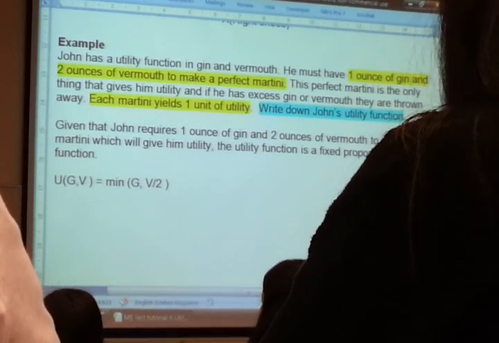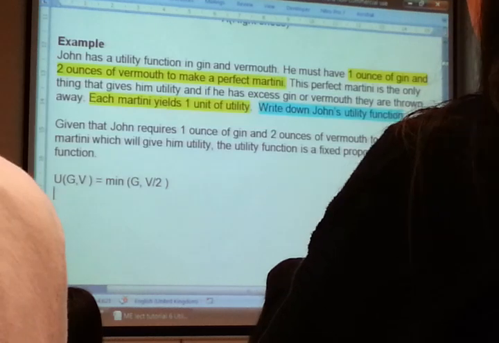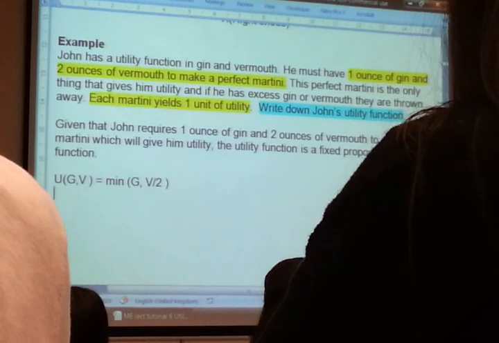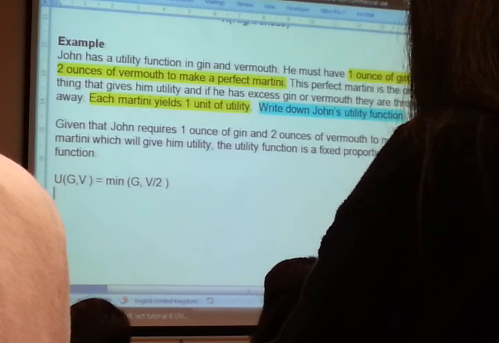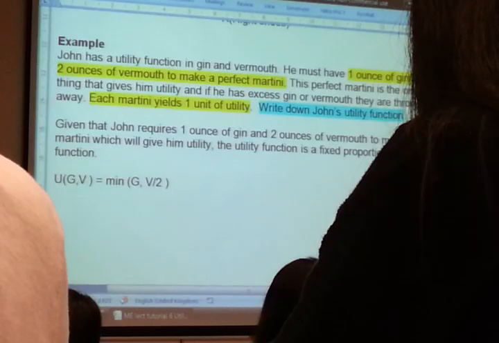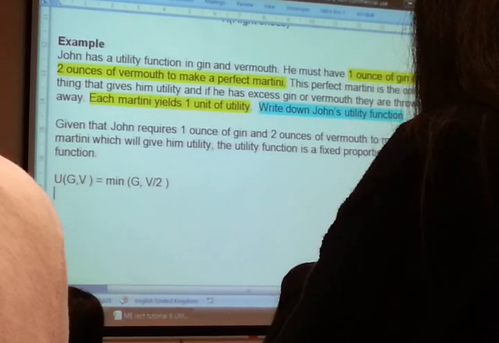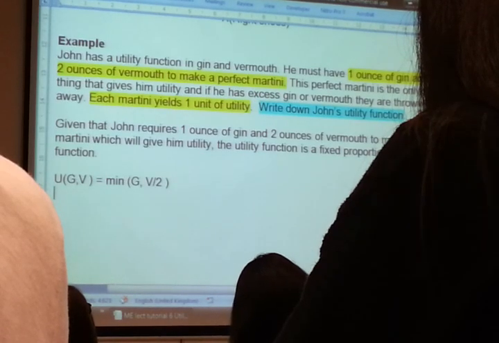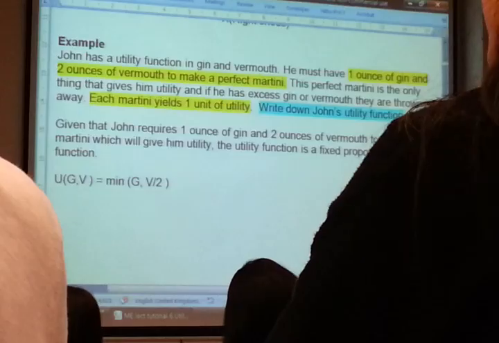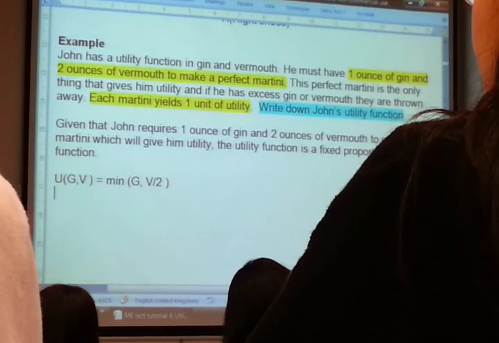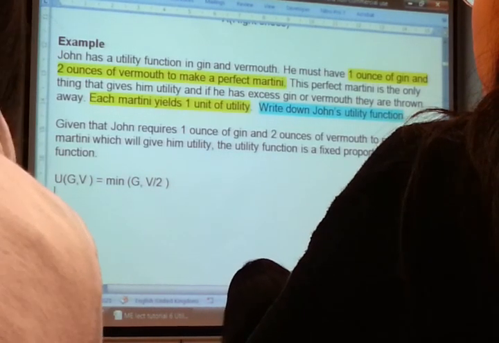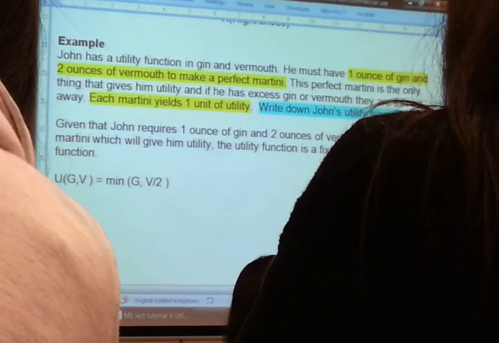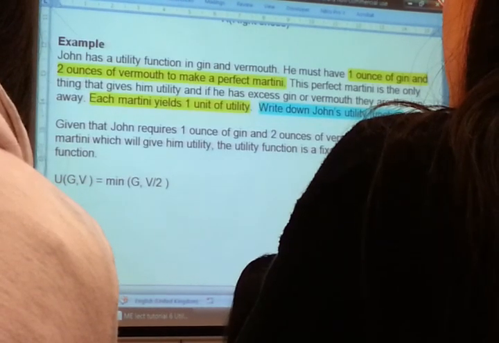We know that you need this plus this to get 1 martini, and this will give us 1 unit of utility. So he derives utility from G and V, and this amount is required to produce 1 martini, and 1 martini gives you 1 utility. Can you give me his utility function?